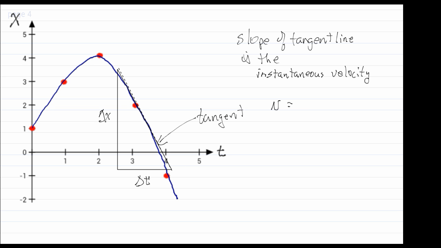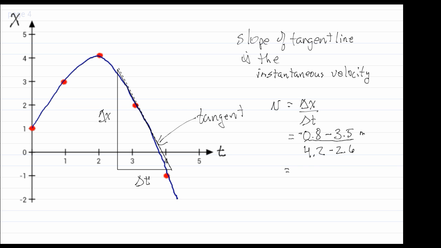So delta x over delta t: our final position, I just said, was minus 0.8, and our initial position up here is about 3.5, so minus 3.5, and these are in meters. And our time interval, our final time is about 4.2, and our initial time is about 2.6. So we get 4.2 minus 2.6.